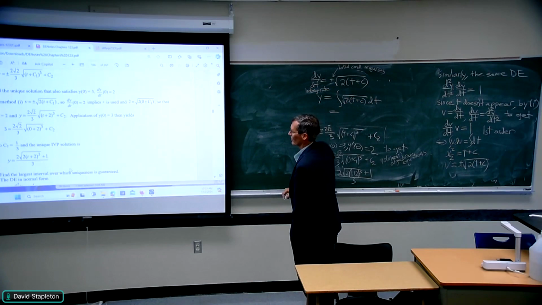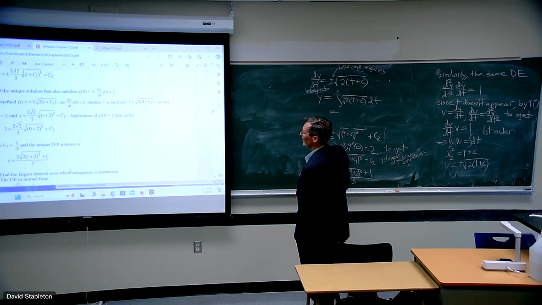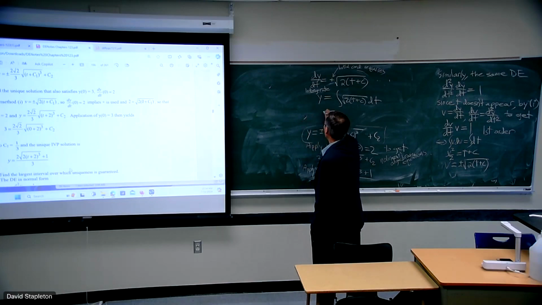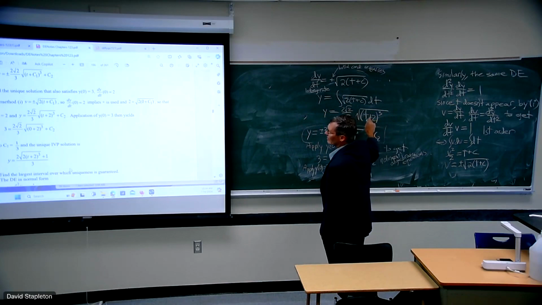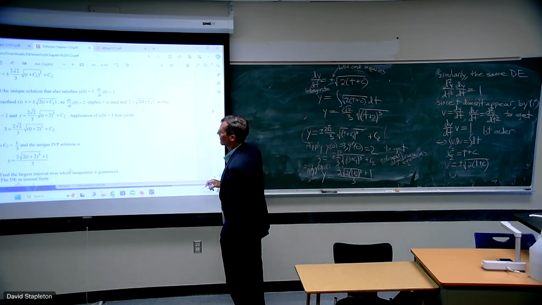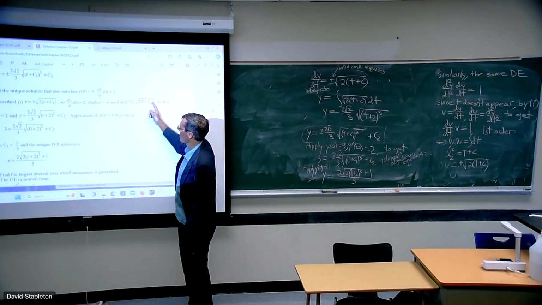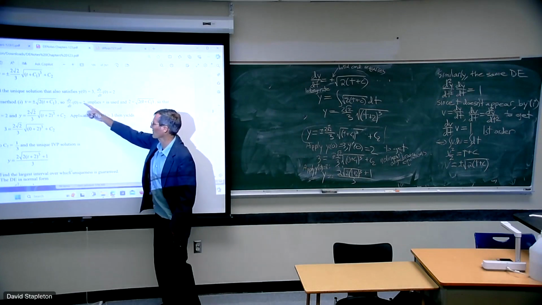The same thing as before: y equals 2 square root 2 over 3 times (t plus 2) cubed, plus... I put in the initial condition already.